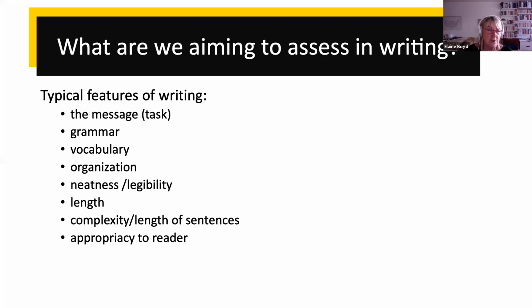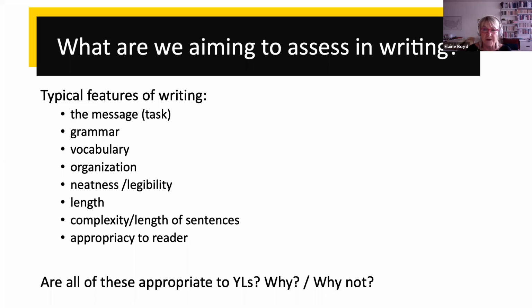But I want you, Emily's going to bring up a little box now, to consider this question. Are all of these appropriate to young learners? In your head, I want you to look at that list and think about why not, might some be, but I want you to tick everything in the list where you think it's appropriate to assess a young learner on that feature.